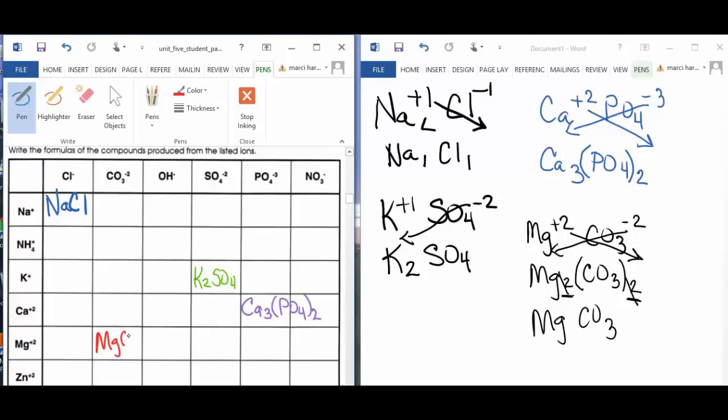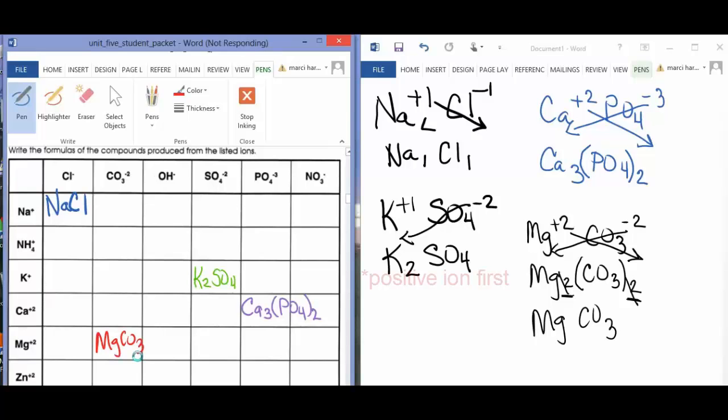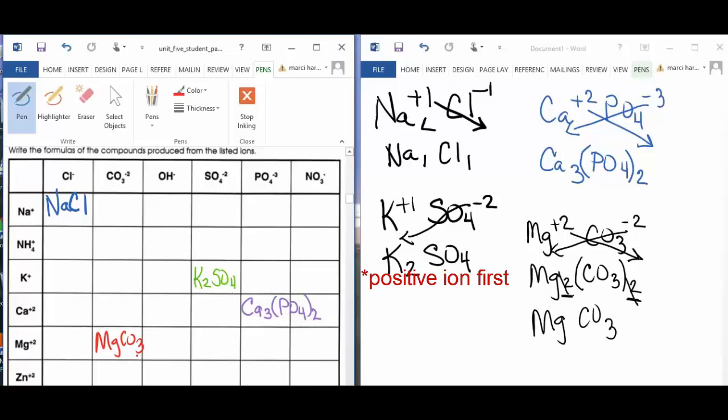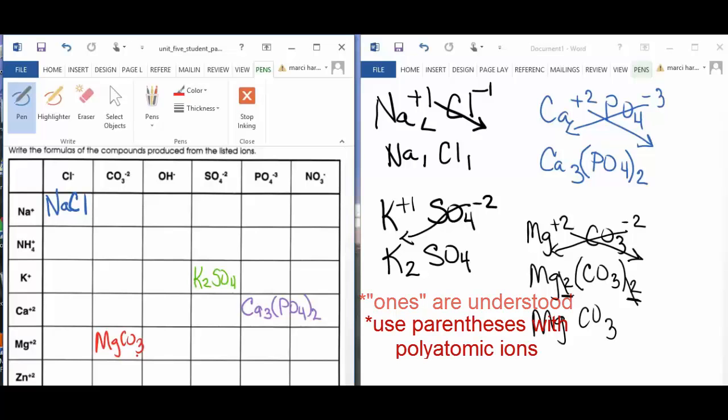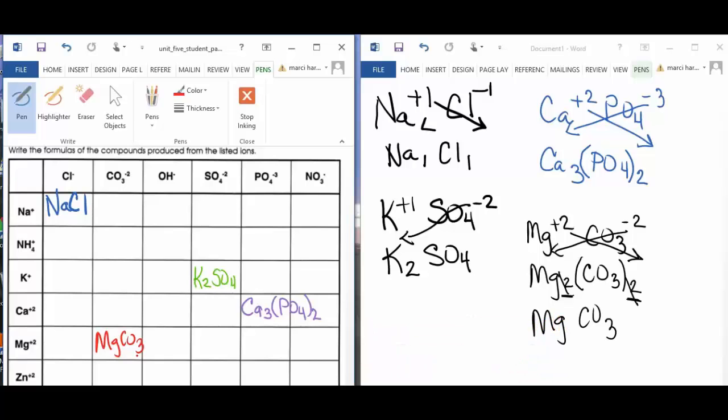So the things you want to remember about doing this crisscross method is the positive ion comes first, the negative ion comes second, ones are understood, use parentheses after a polyatomic ion, and finally reduce to lowest terms. The main reason that we use this crisscross method is because it allows compounds to be neutral.